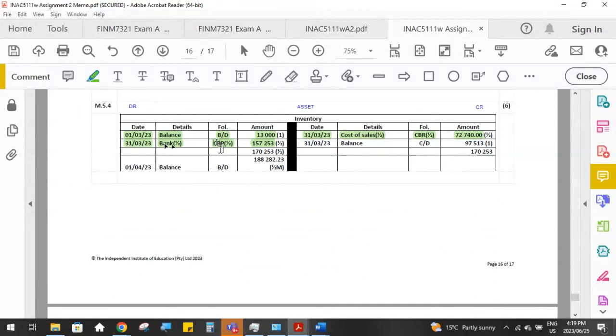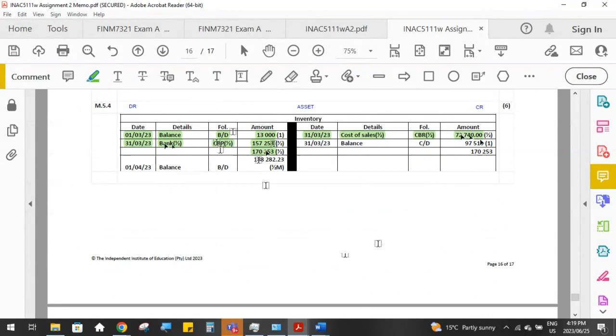There were no other entries that we had to post to our T account inventory, so we can now balance the account. So once again, we add up the left-hand side of these amounts that are already there. We get 172,53 on the left-hand side. And on the right-hand side, I've only got 72,740.